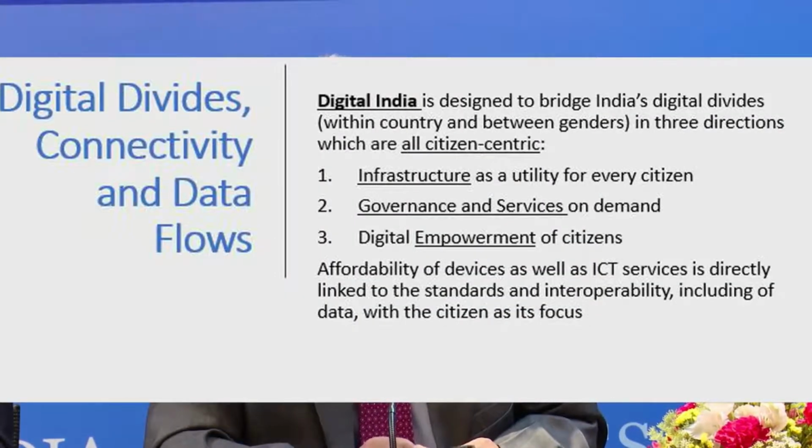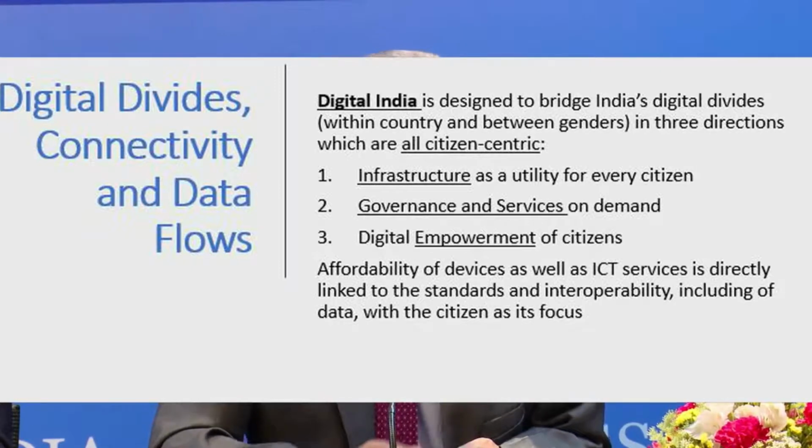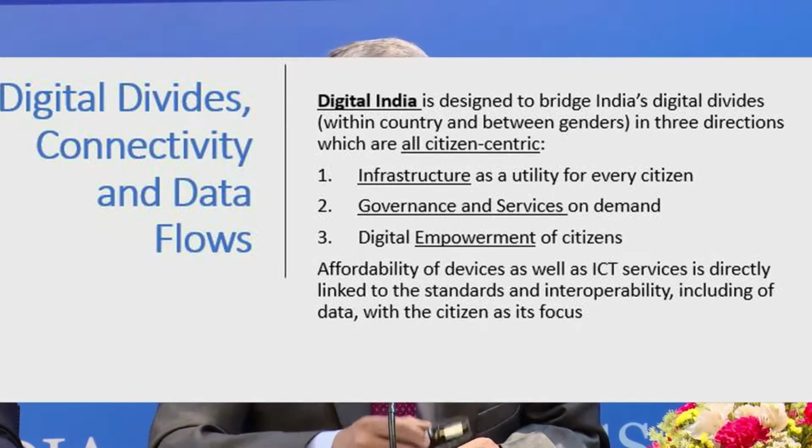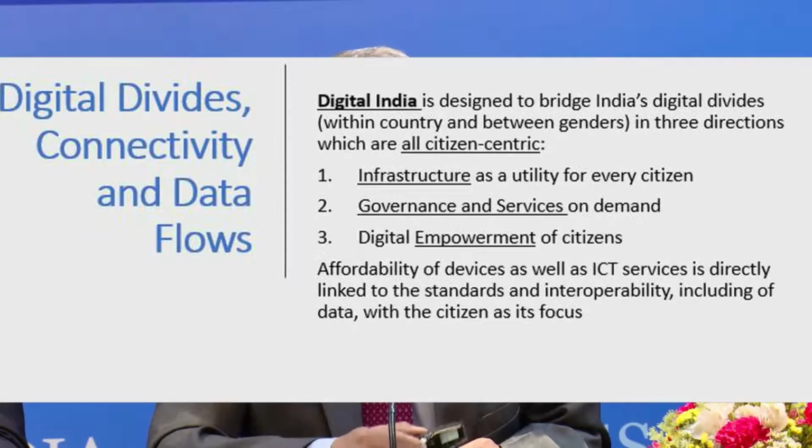And in that context, we have this platform called Digital India, of which there are three basic priorities. One is infrastructure, which is seen as a utility for every citizen. So it is more than just an enterprise or more than just government. It is citizen-oriented. Governance and services on demand are again citizen-oriented.